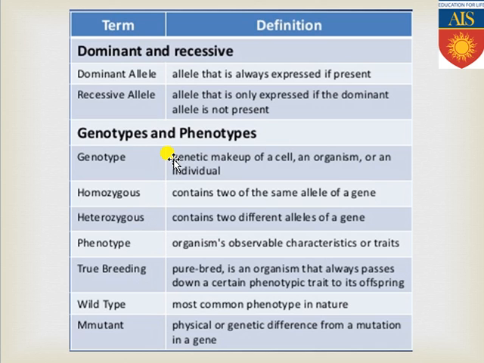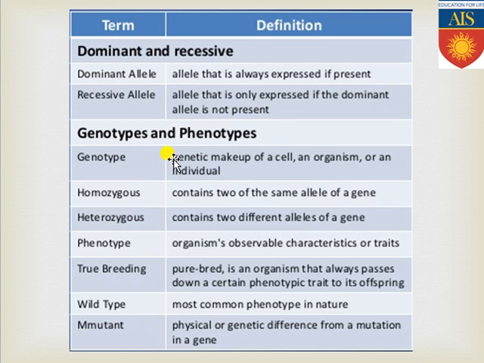Now if two different alleles are present in the homologous chromosomes, obviously they are considered a heterozygous stage or heterozygous genetic makeup. Always keep it in your mind, diploid organisms have chromosomes present in paired form, and those chromosomes are commonly known as homologous chromosomes, which is not written here.